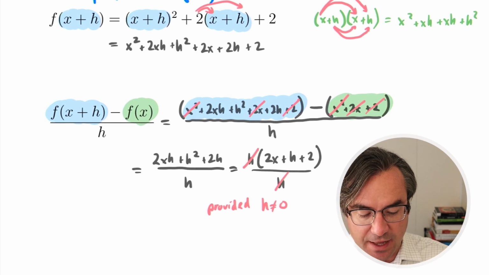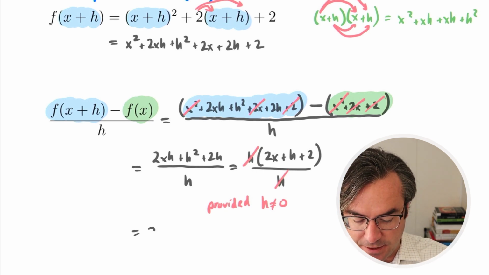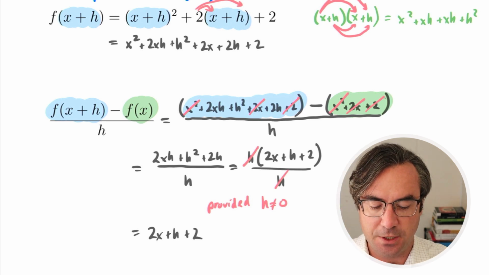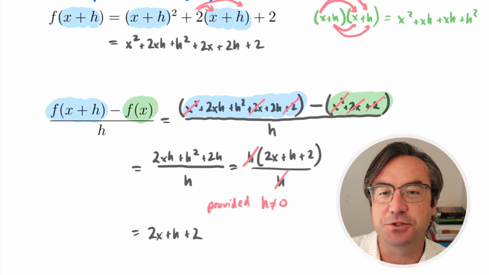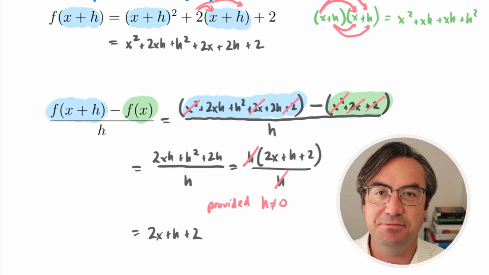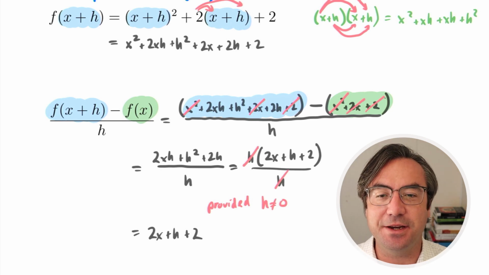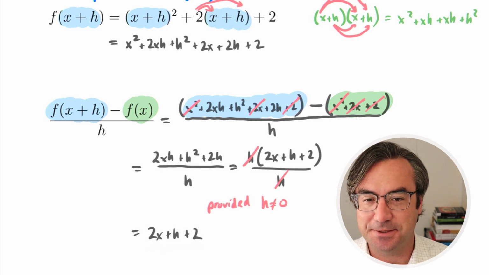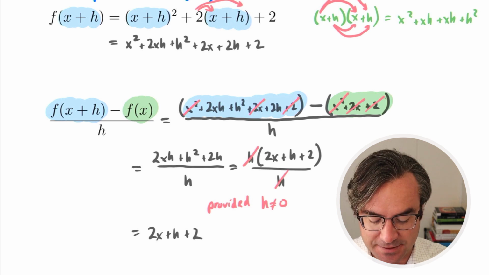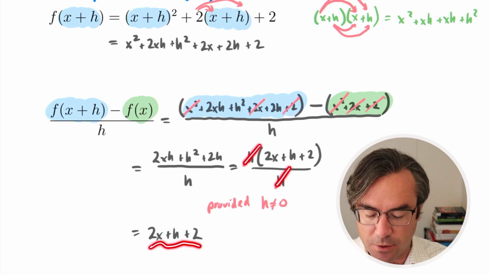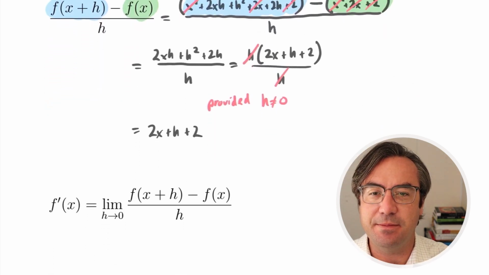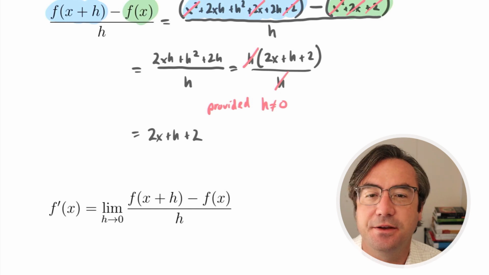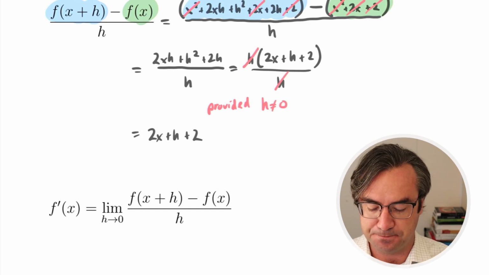So then all we have left is 2x plus h plus 2. So we started off with this big complicated difference quotient, and we did some subtraction, we did some factoring, and then we get it down to this point. And as soon as we cancel this h off, now we're ready for our last step. Our last step is to calculate the limit of this simplified version of our difference quotient.